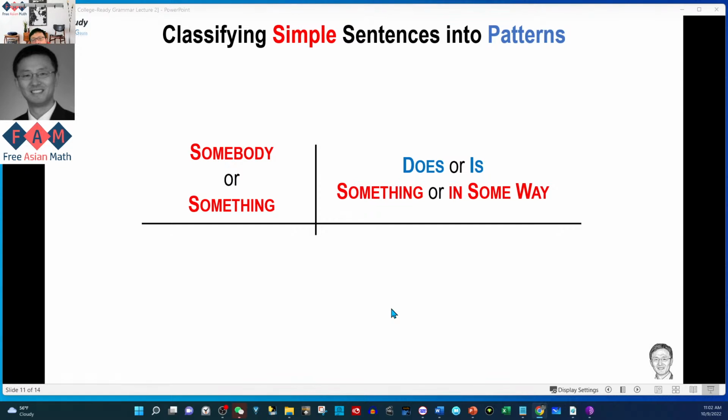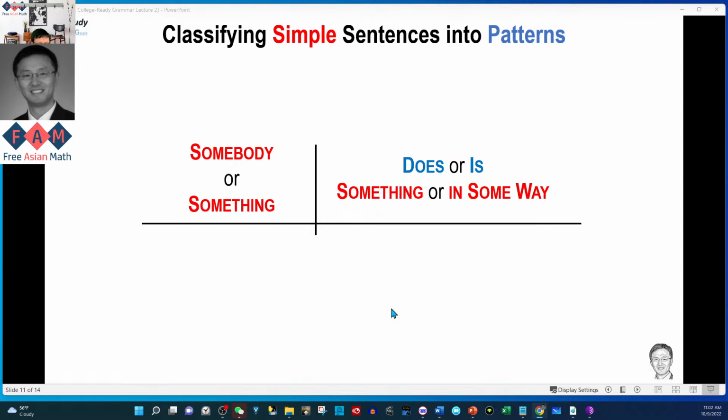So we will study this approach, and this was quite conventional in the old days at least, because schools today are not teaching grammar formally anymore. It looks like something new, but it's really old. We want to classify simple sentences into different patterns. The good news is that there are only a finite number, around 10.